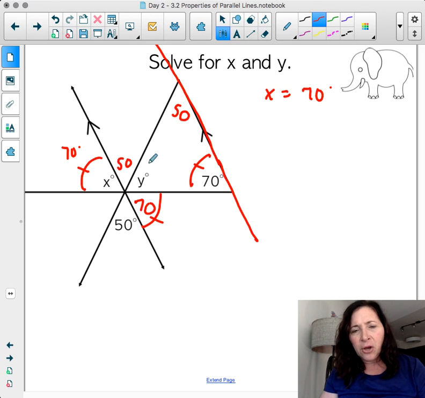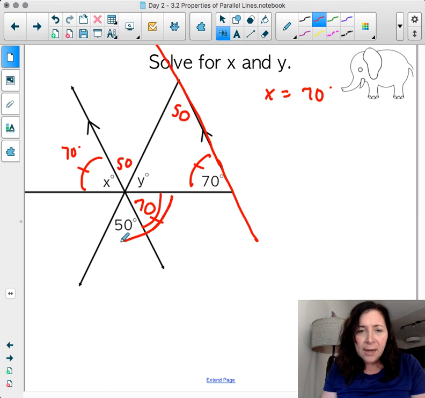I can either go, these three angles in a triangle add up to be 180, because the sum of the angles in a triangle add up to be 180, or I can do this and add these three angles right here, because that makes a straight line.